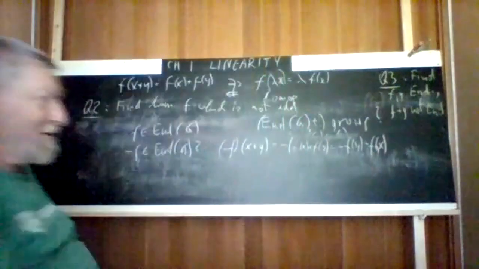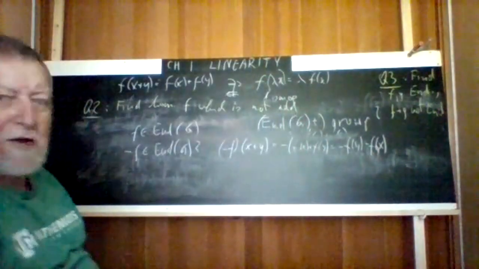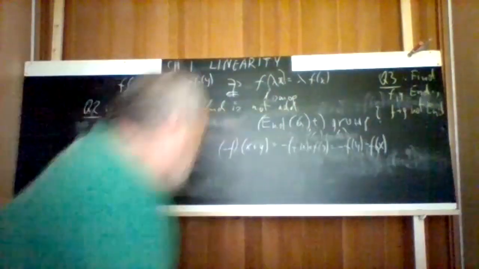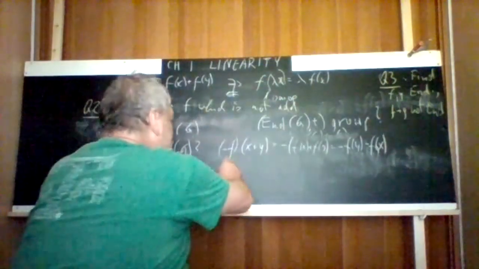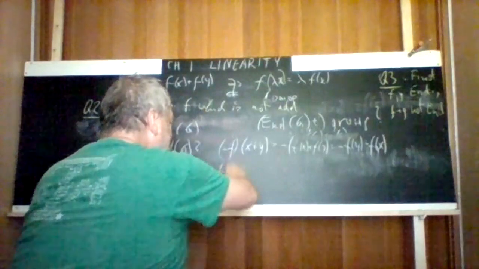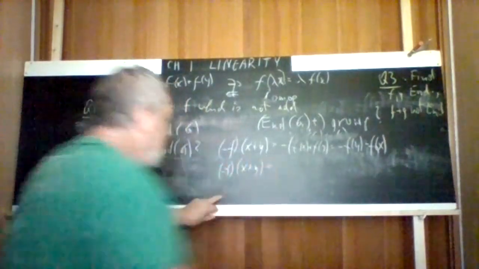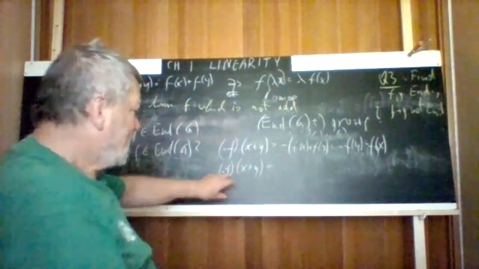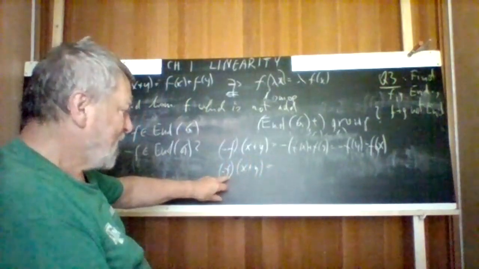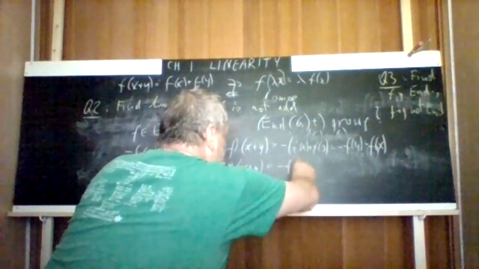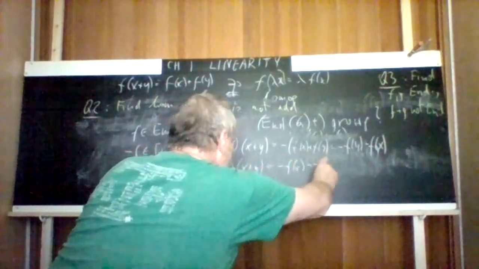Is that the goal we wanted to reach? Well, what we want to have is that minus f of x plus y would be minus f of x minus f of y.